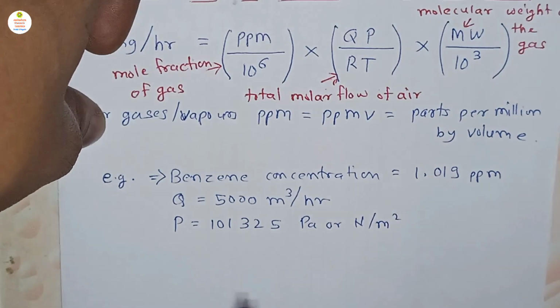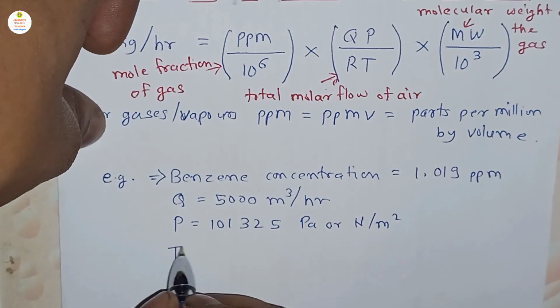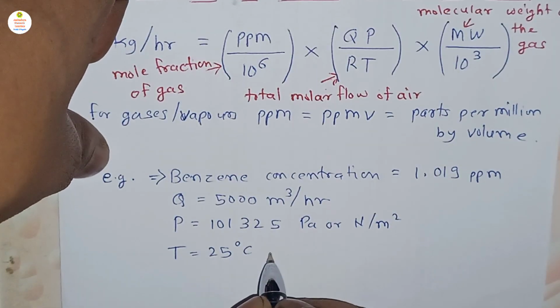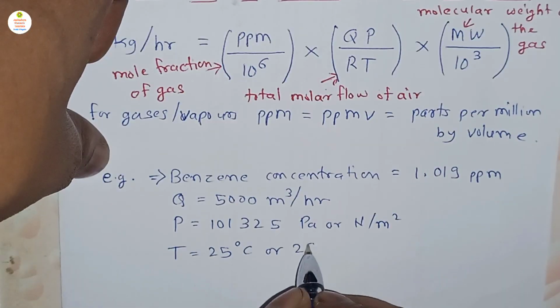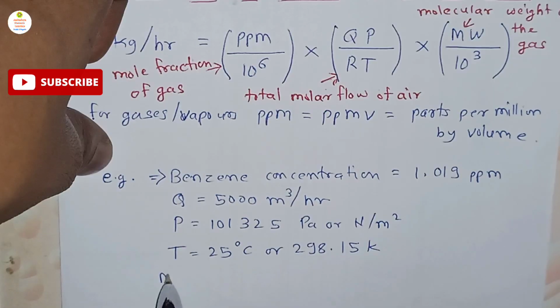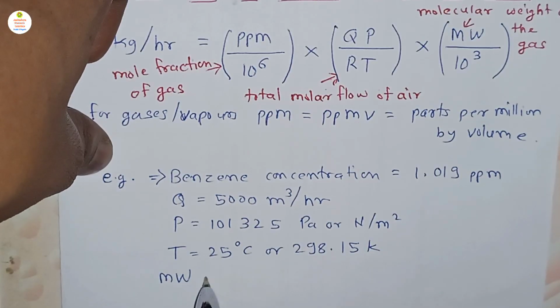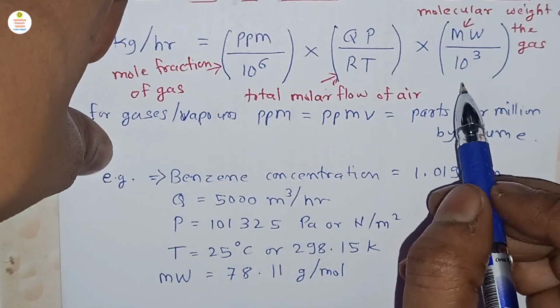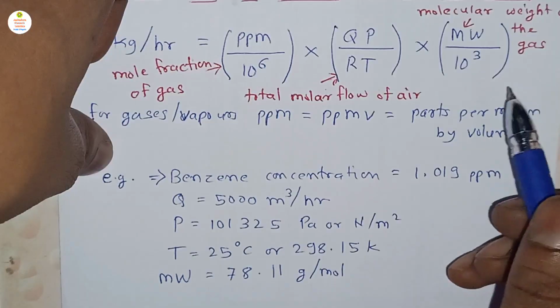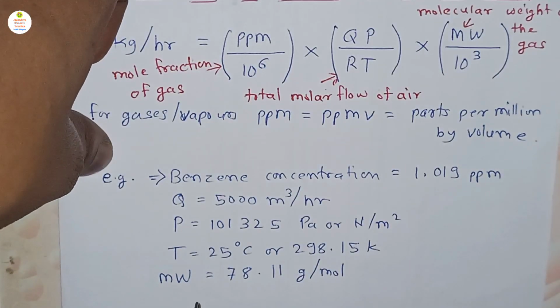Now the temperature T, let's consider as 25 degrees Celsius, or in Kelvin it is 298.15 Kelvin. Okay, Mw, that is the molecular weight of the gas, molecular weight of benzene is 78.11 gram per mole. And here, this 10 raised to 3 we have used to convert gram into kg.